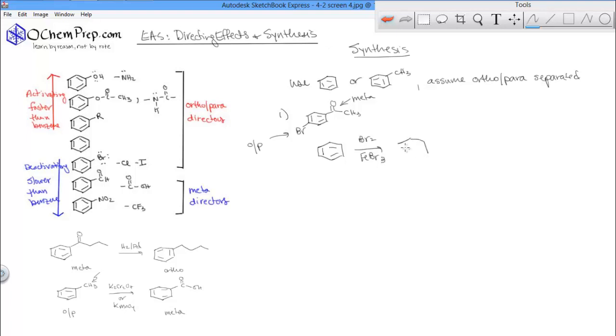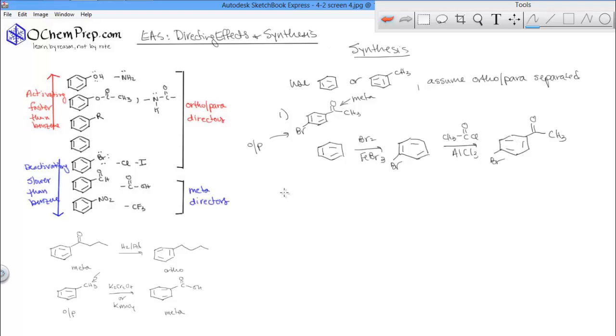And then that will direct the incoming group, the acyl group, to the para position. So here is the acetyl chloride with AlCl3. It's also good practice to remember all our reactants. So there is para-bromo acetophenone.